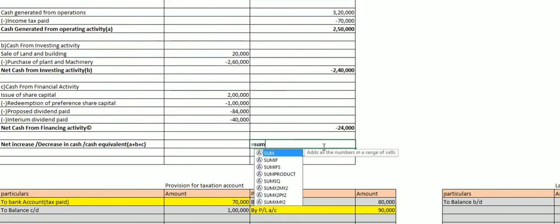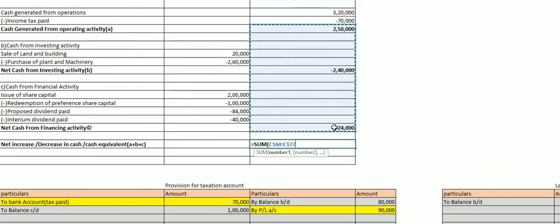When you sum it up, you will get your answer to be minus 14,000, which is nothing but your net cash flow.